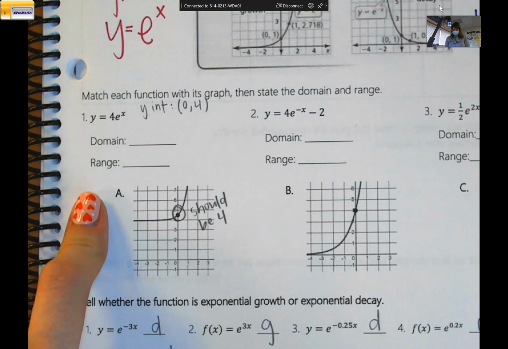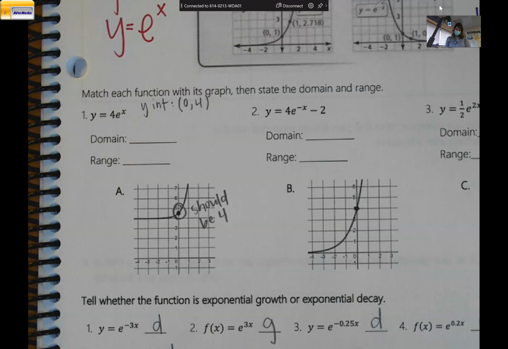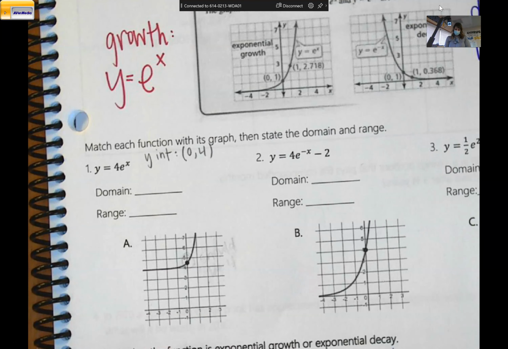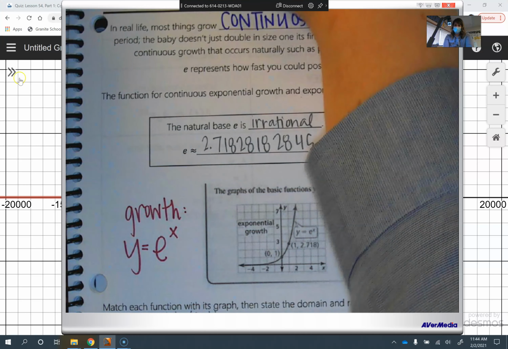I don't know. But one of them needs to start high and go low. Do you see what I'm saying? Maybe we need to graph them. I'll graph them. I went over this before class, family.